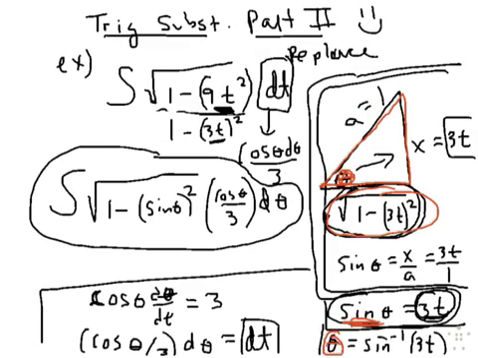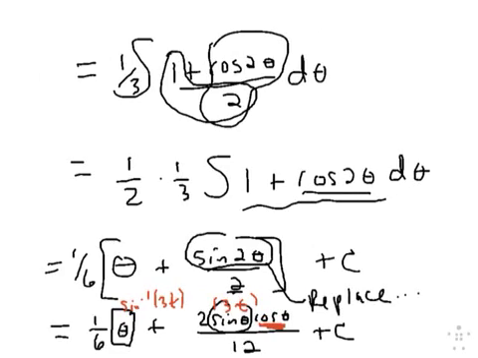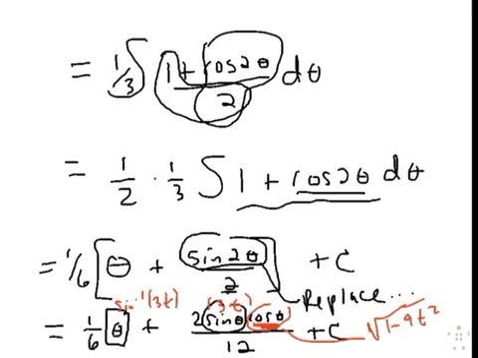So the square root of 1 minus 9t squared will be your cos. So your cos theta will get replaced with the square root of 1 minus 9t squared. So you do your final replacement, getting back to your original variable of interest, which was t.